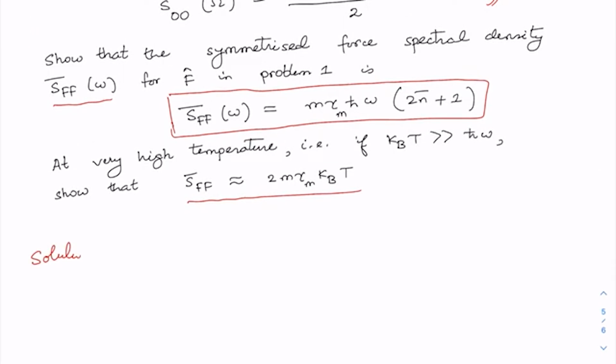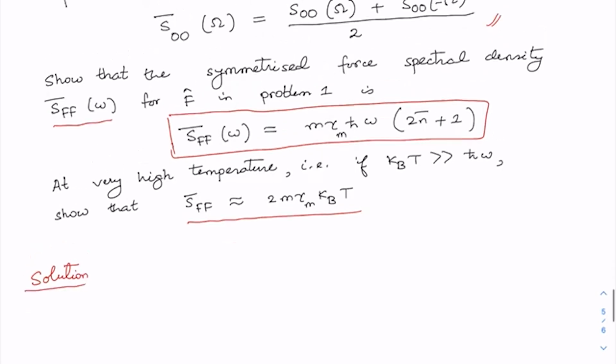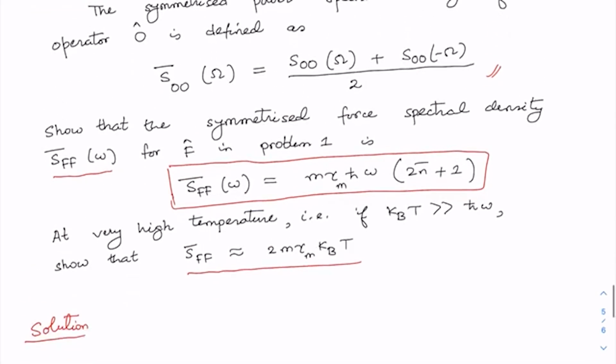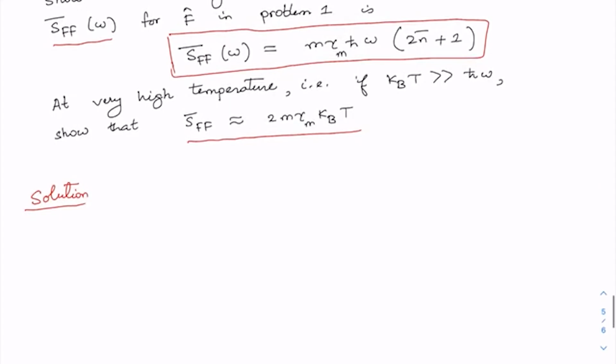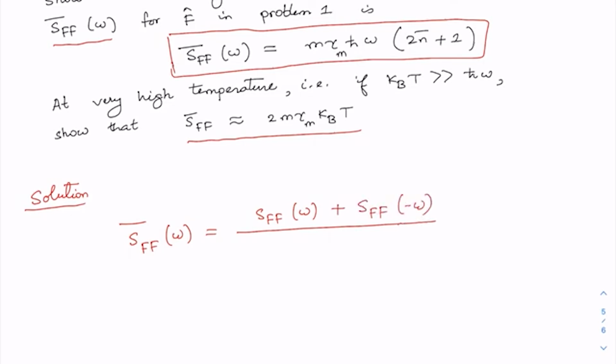As per the definition of the symmetrized power spectral density of an operator, for the fluctuating operator F, this quantity is defined as S_FF at omega plus S_FF at minus omega divided by 2.